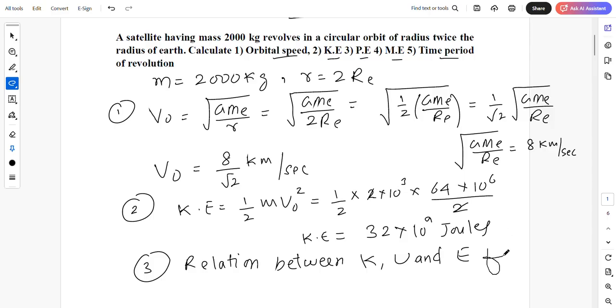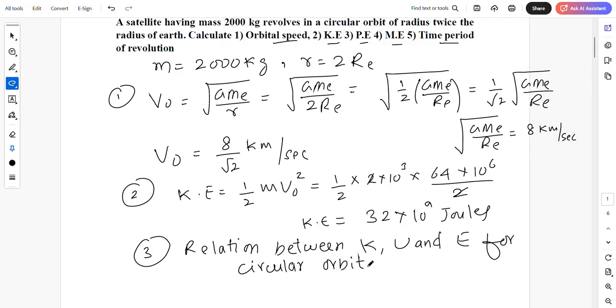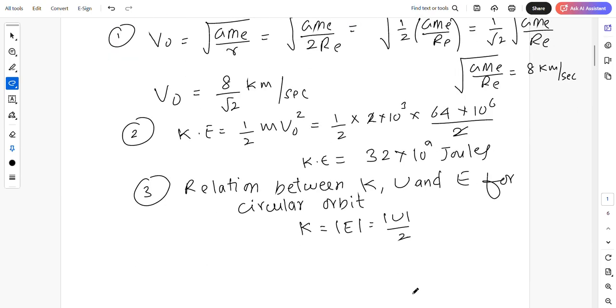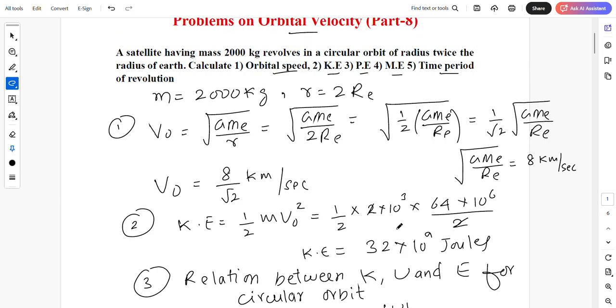For a circular orbit, K is equal to mod of E, that is equal to mod of U by 2. That is, kinetic energy is equal to mod of the total energy, which is nothing but mod of potential energy by 2.